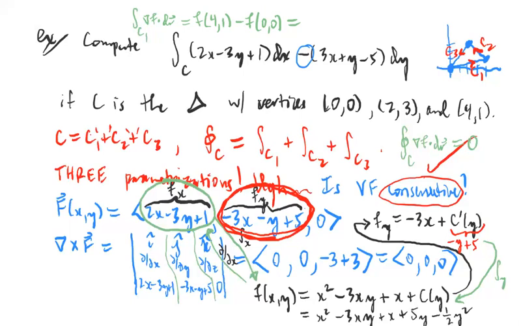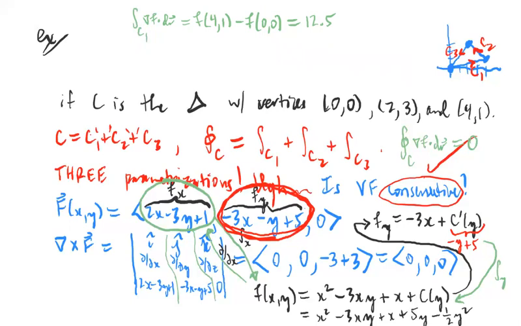So it's like 12.5. Okay, that's interesting, 12.5. Let's compute the other ones just so that we have peace of mind in terms of this working out. We know that if we compute all of these work integrals along each one of these curves, their sum total had better be what? 0.